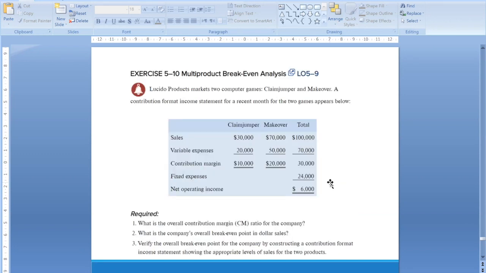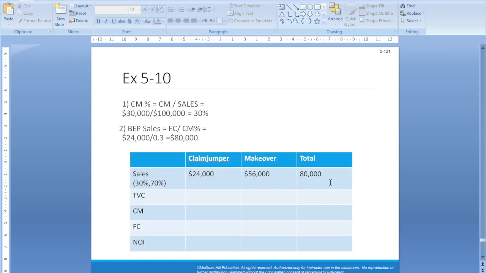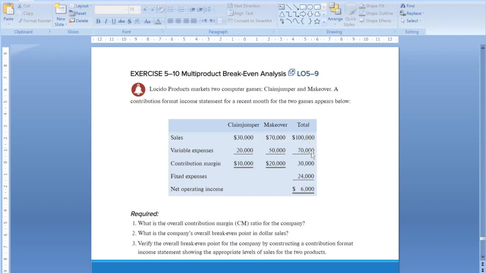Now, 70% of 80,000, 70% from the question. 70,000 out of 100,000 represents the variable expenses.